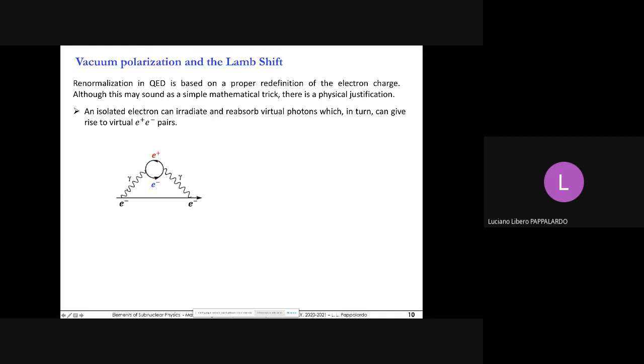So these are spontaneous quantum mechanical effects that occur every time. You can, of course, have even more complicated loops here. This is essentially the first level only. Now, I want to draw your attention to the fact that we start from an electron, but then for a certain lapse of time, we also have an electron-positron pair.